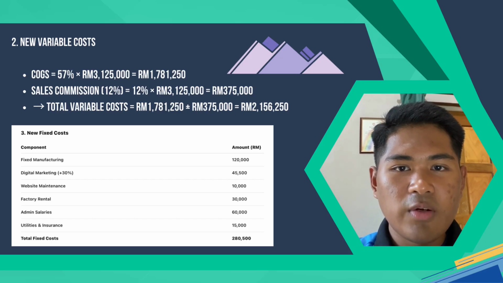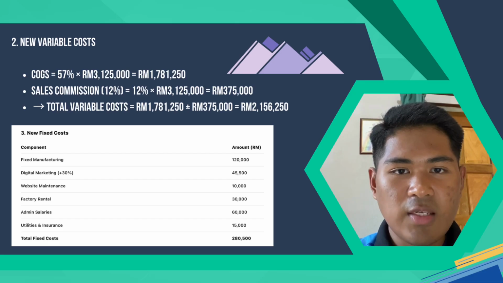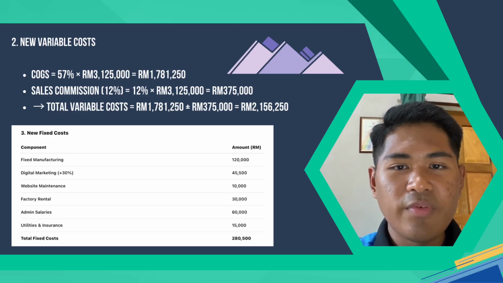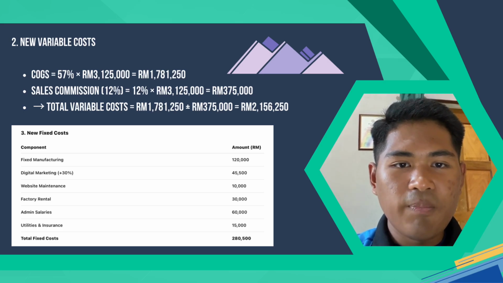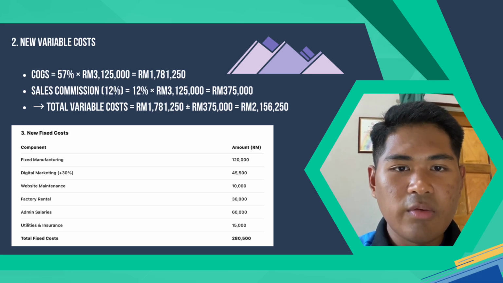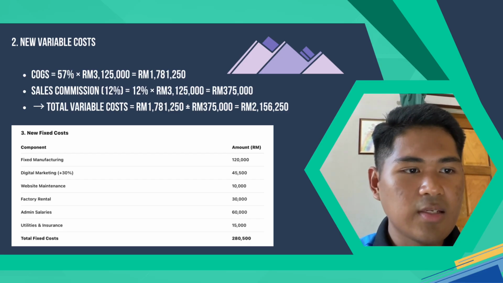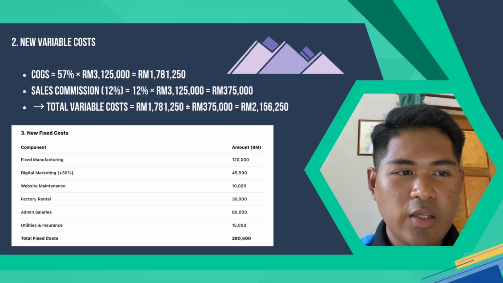So the total variable cost is RM1,781,215 plus RM375,000 equals RM2,156,215 ringgit.